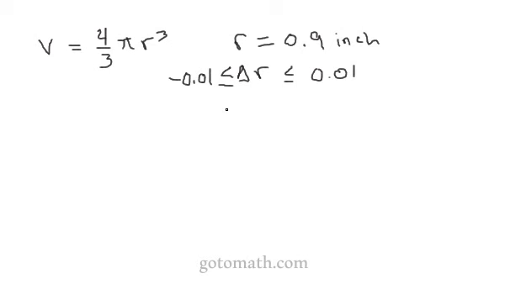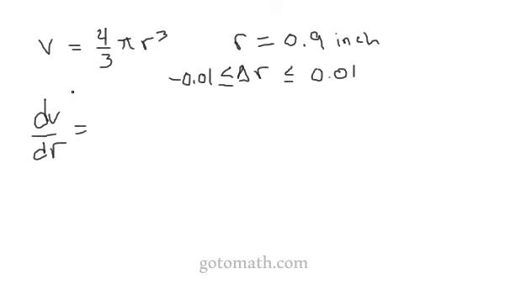Now, to approximate the propagated error in the volume, we want to differentiate V to obtain dV over dr. So you should know how to do this. We're taking the derivative of the volume with respect to r.